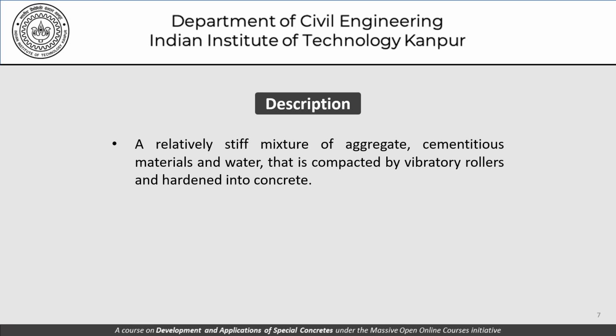This hardening into concrete is a regular process. Regular process means cement and water hydrate in much the usual manner to produce hardened concrete, except that the method involved in compacting the materials is slightly different.